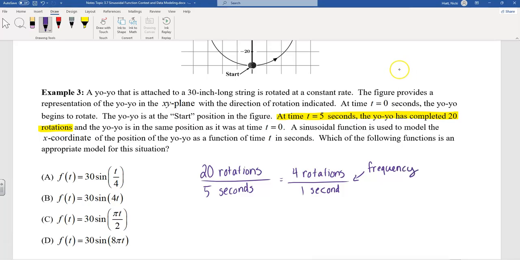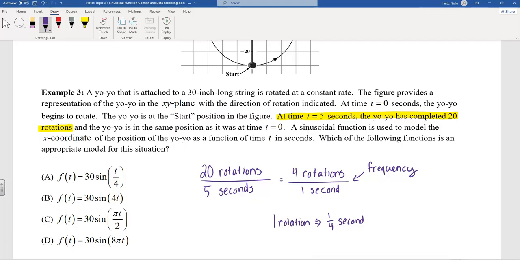How long does it take for 1 rotation? .25 or 1/4 of a second. I'm going to stick with fractions just because they didn't use decimals over here for this. So 1 rotation takes 1/4 of a second.